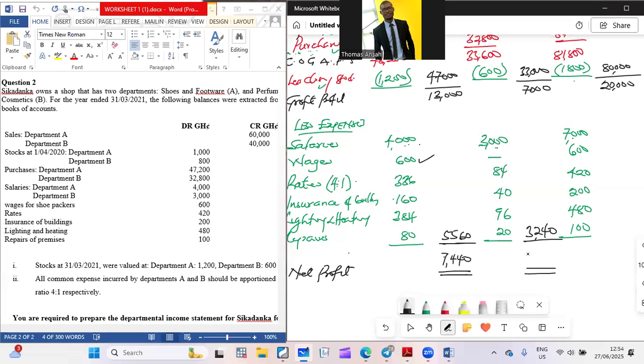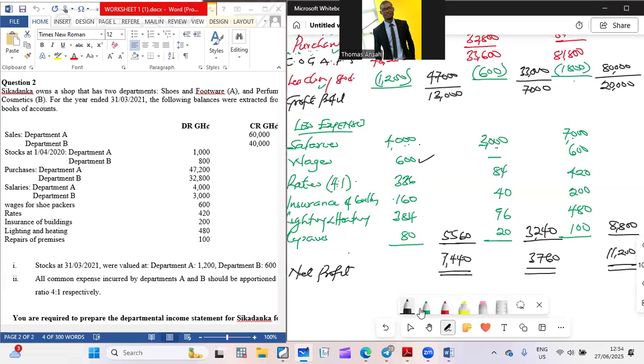Then Department B is 3,760. So can we get the total and the profit for the total side? The total expenses is 8,800. So what do we have? 11,200. All right.